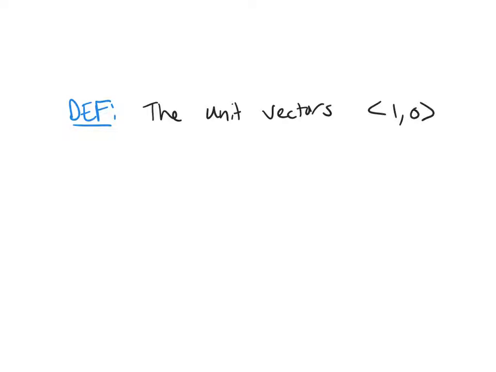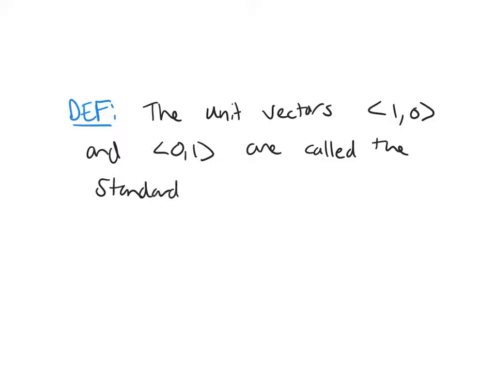So our last topic in this section is about standard unit vectors. So let's define what those are. The definition of a standard unit vector: they're two very special vectors that happen to be unit vectors. The unit vectors (1, 0) and (0, 1) are called the standard unit vectors in the plane.